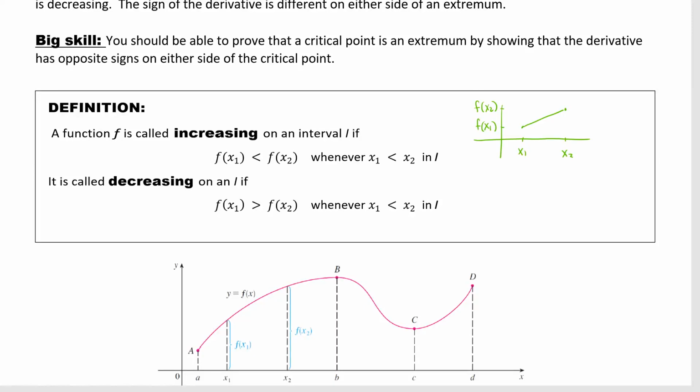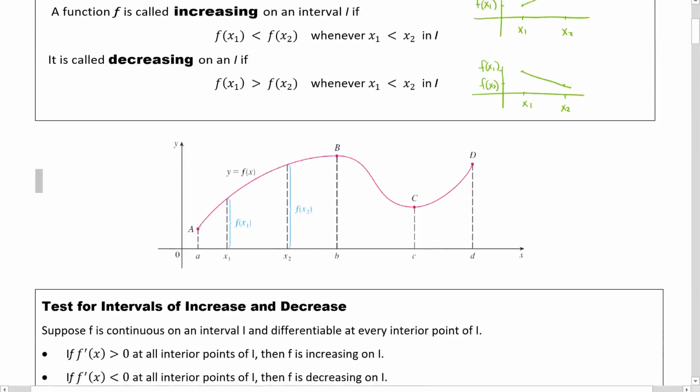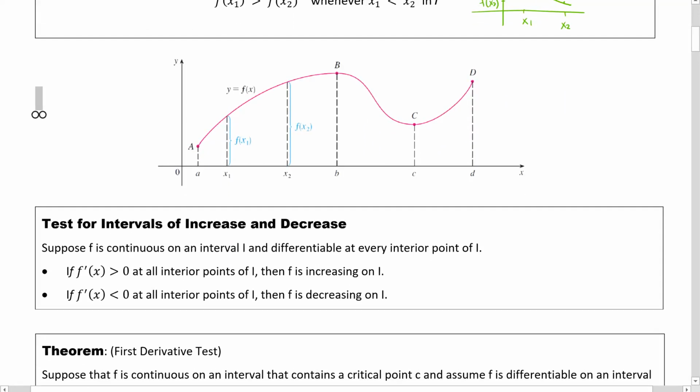And then the function is called decreasing if f of x1 is greater than f of x2. So we still have x1 less than x2, but f of x1 is greater than f of x2. So that's why we have a decreasing function. Okay, so let's look at this picture.